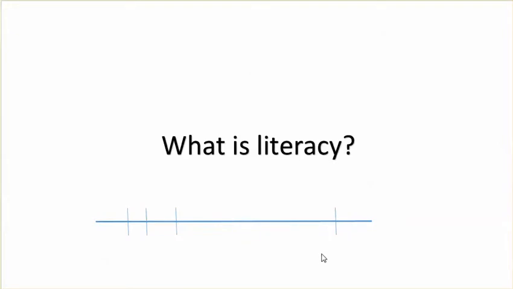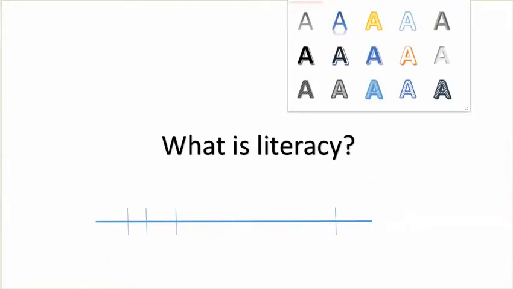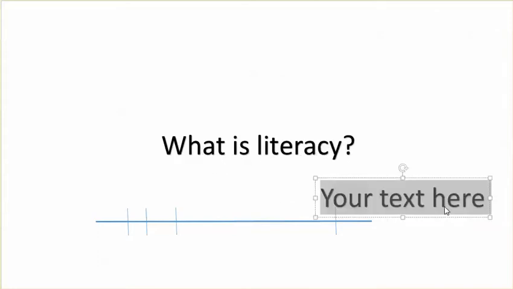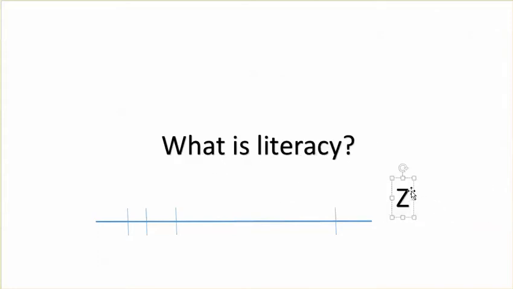Imagine that this level would be Z, which is people at a high level of literacy capacities. Then you have people who are less advanced.